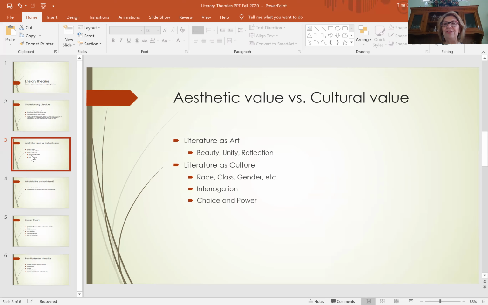How does gender affect the choices of the characters? And instead of looking at literature as how it reflects life, we look at how it challenges certain social concepts by which we live. How does it reflect and challenge the choices that the characters can make and the power that they have based on whether or not they are in or out of a dominant group?